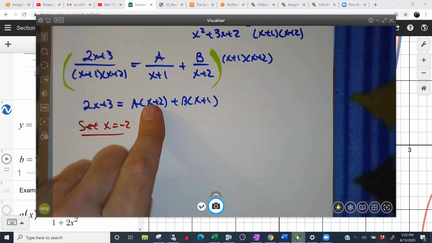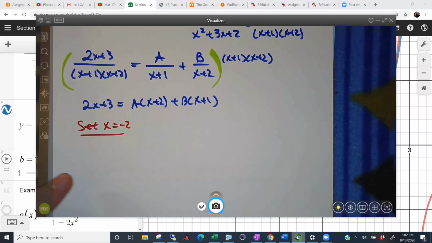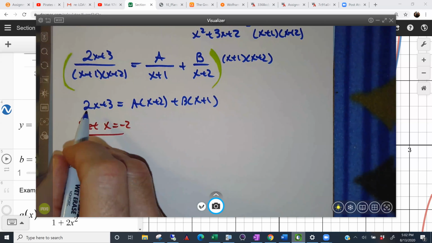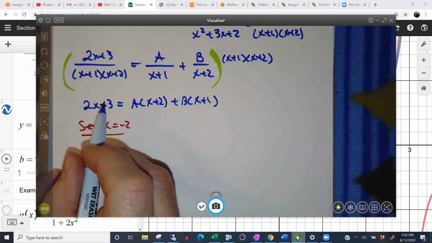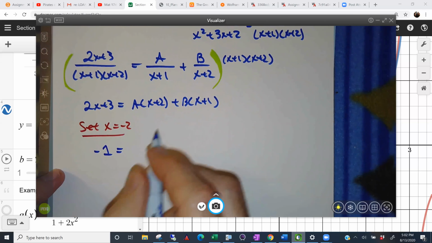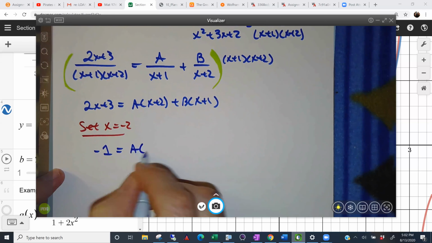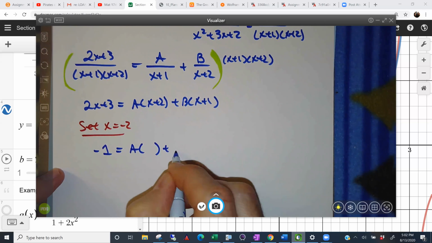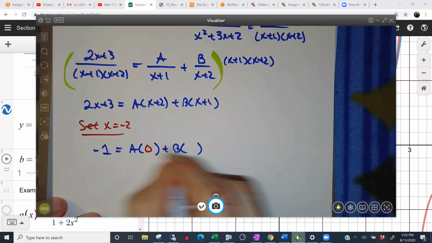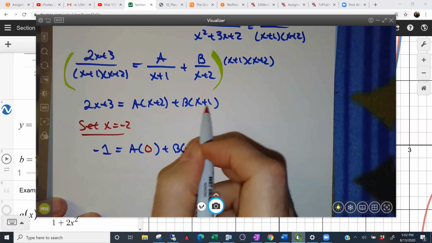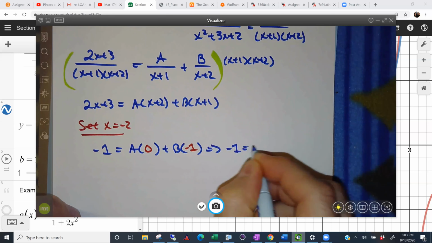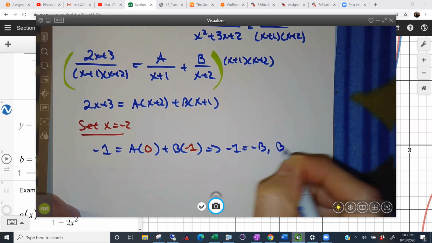If x is -2, then what I end up with is -2 times 2 is -4. -4 plus 3 is -1. So -1 would equal a times 0 plus b times -1. Right, because -2 plus 1, that gives me -1 equals -b, or b equals 1.